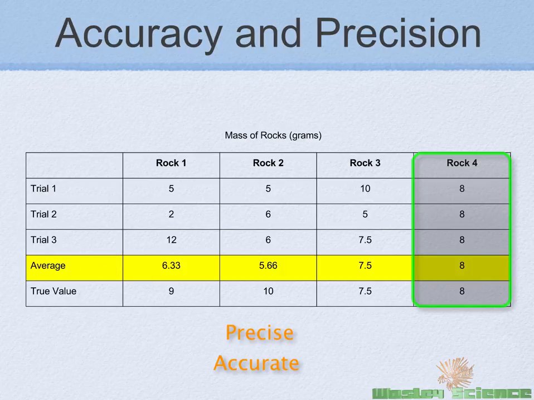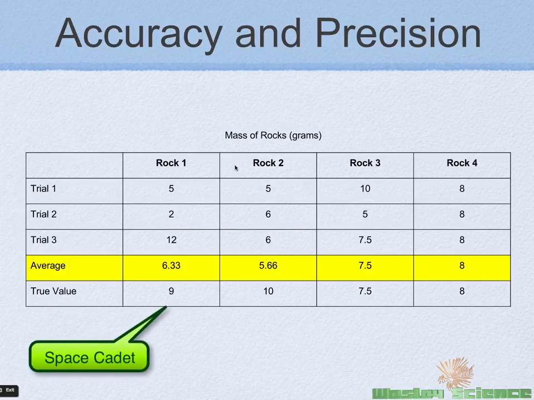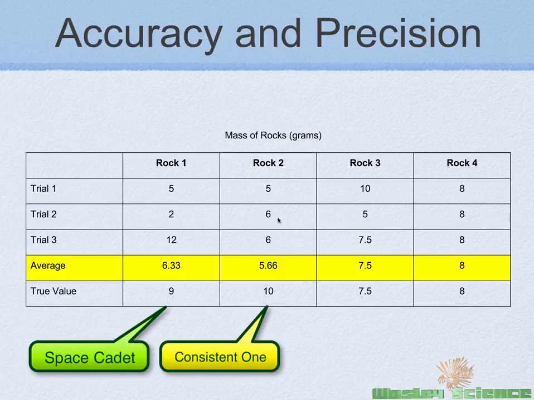So when you look at these 4 rocks here, you can see 4 examples. We usually call the person that gets this sort of data the space cadet. And then with rock 2, this sort of data, when you multiple times get the wrong answer, we call that person the consistent one, because at least they were continuously doing the wrong thing but the same way.